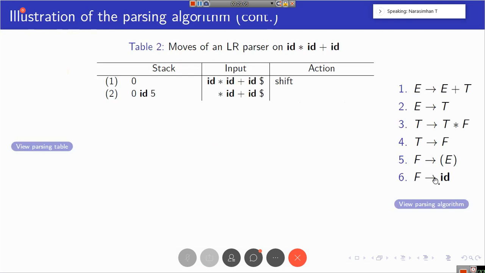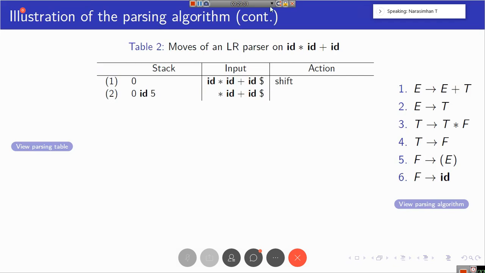The entry was R6. I am going to use the sixth production rule. Okay. So F gives ID is the sixth production rule. What is beta here? ID. So what is the length of beta? 1. You just have one symbol ID. So the length of beta is 1. What you need to do? You need to pop two symbols from the stack. Am I correct?